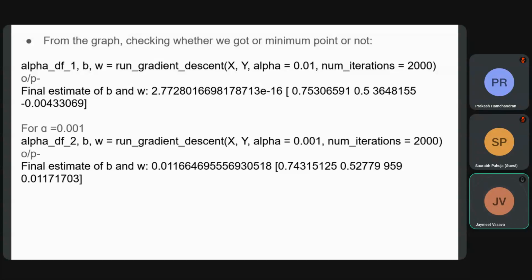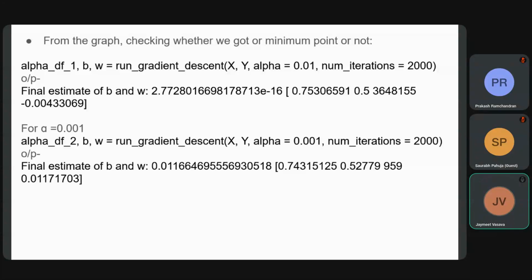So we'll be using the learning rate of 0.01, using the bias and the weights values on the run gradient descent function that we just used, and the bias and weights that we got is bias 2.77, but look at it, it's into 10 raised to minus 16, and the other ones are the weights: 0.75, 0.53, and minus 0.004.